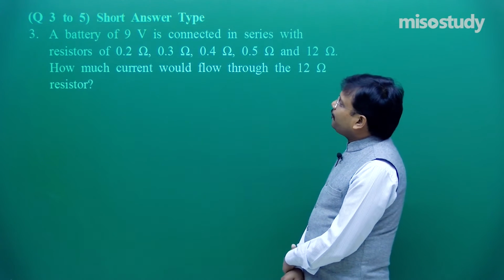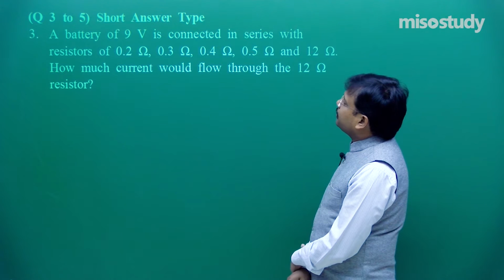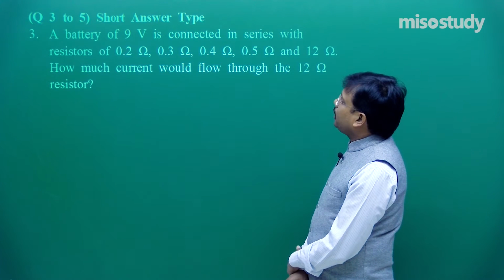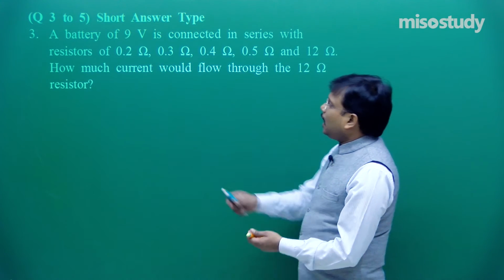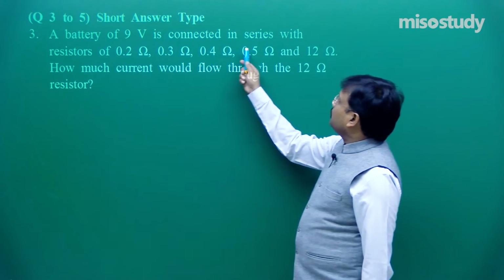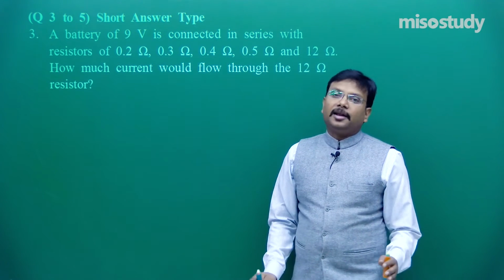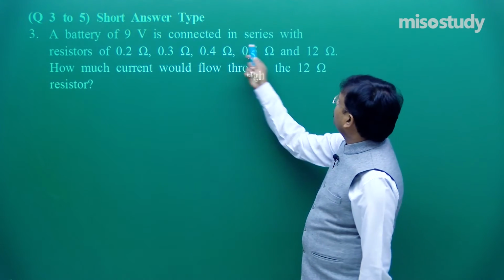So, a battery of 9 volt is connected in series with resistors of 0.2, 0.3, 0.4, 0.5 ohm and 12 ohm. So, there are 5 resistors connected in series, all in series.